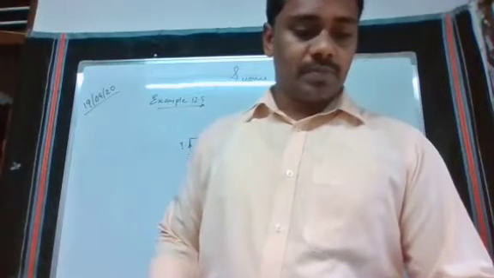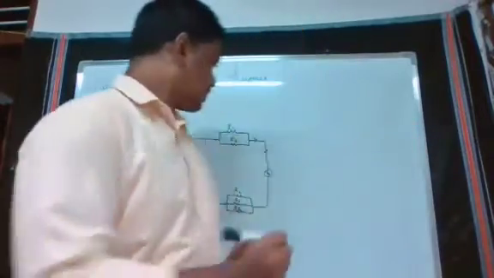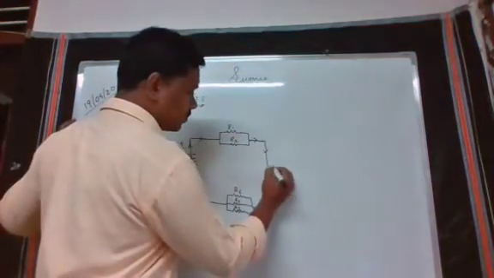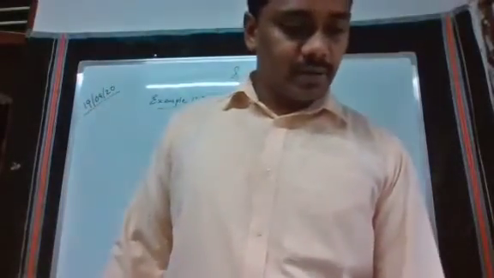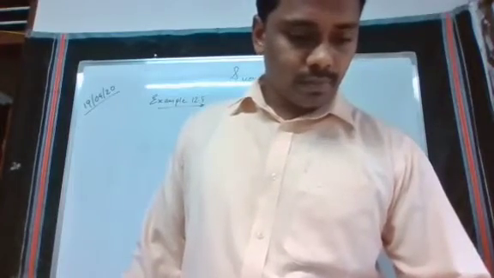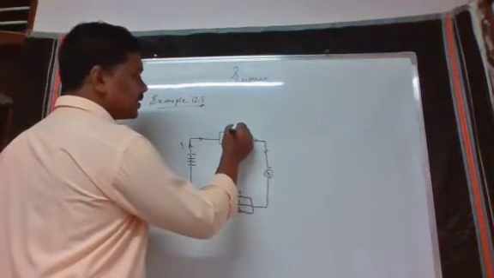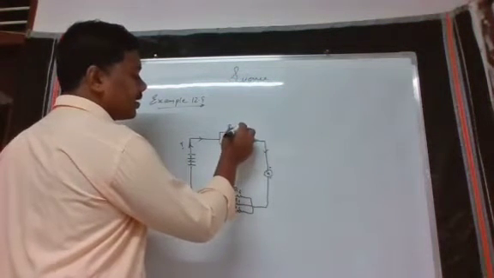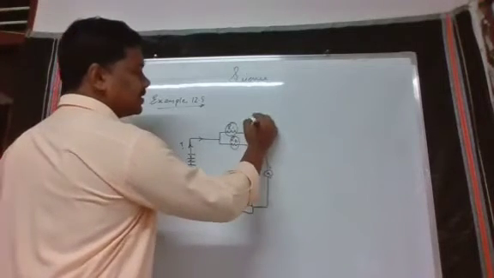So we are going to the solution. What do we have to find? First, we are replacing R1 and R2, which are in parallel, with a resistor R dash.